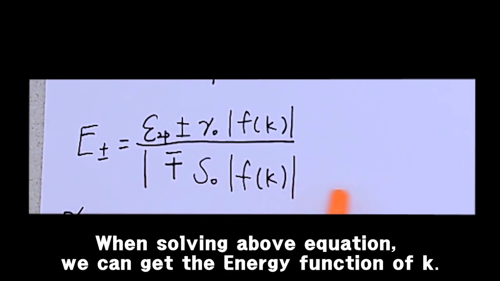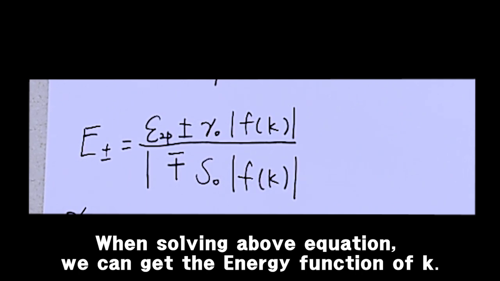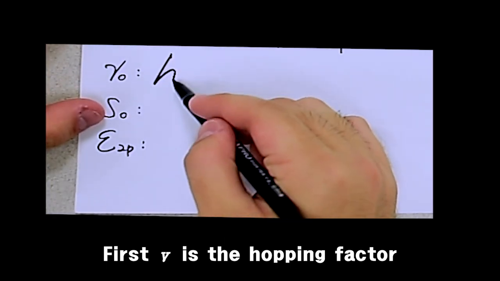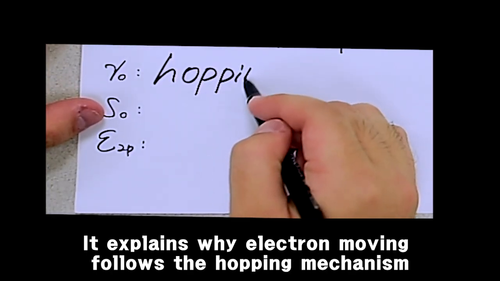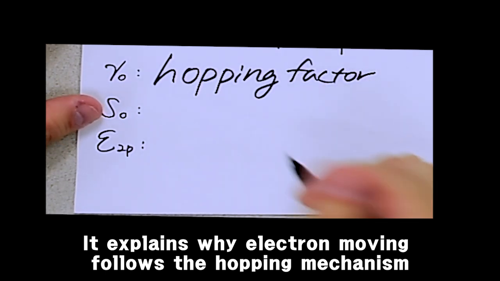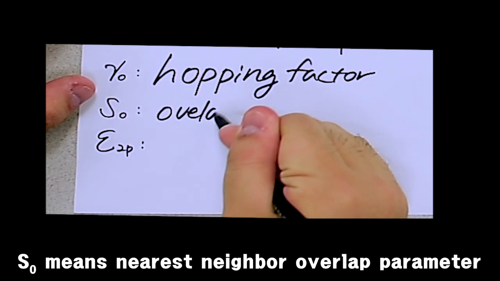When solving the above equation, we can get the energy function of k. In this function, there are three new factors. First, gamma is the hopping factor. It explains why electron movement follows the hopping mechanism. S0 means the nearest neighbor overlap parameter.